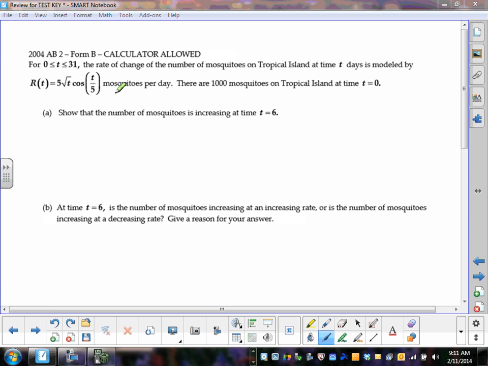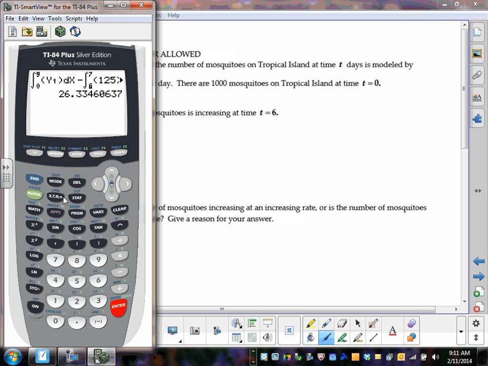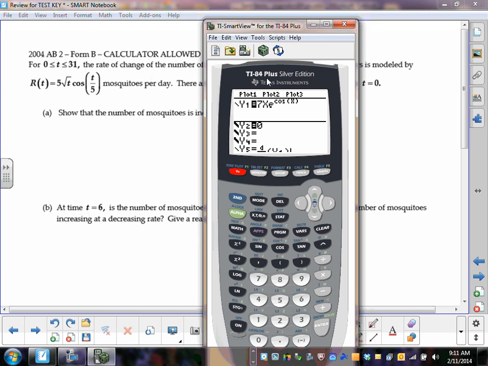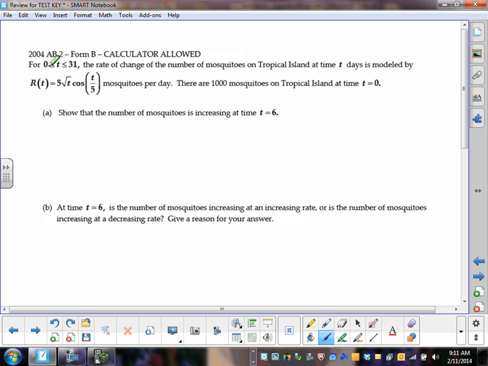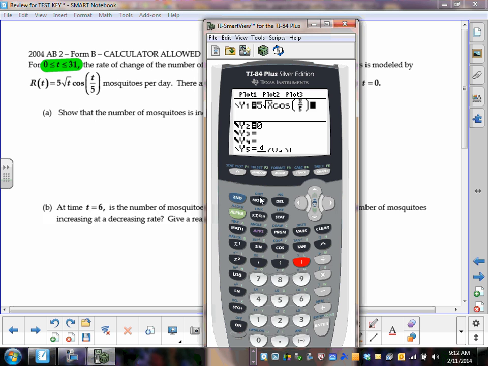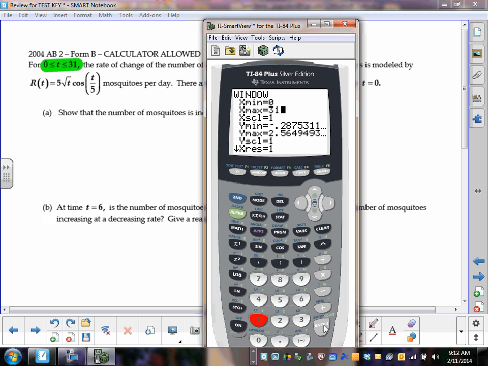Okay, this next part's also a calculator question. So I'm going to put that R, the rate that they're giving me, into my Y1 here. And since they're doing 0 to 31, I'm going to change my window on the calculator and zoom 0.